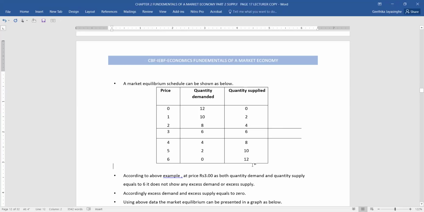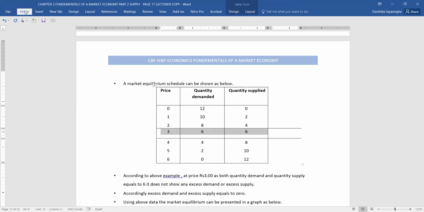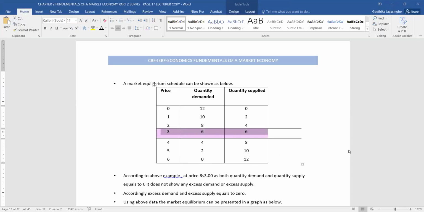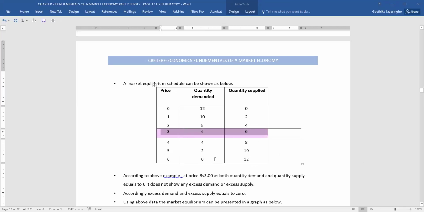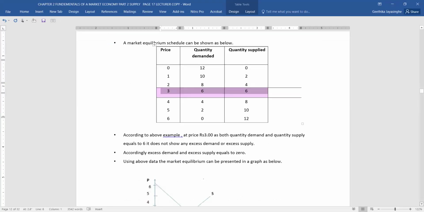So this graph's details are given to you. But at the price of 3, your quantity demanded and quantity supplied are both equal. So this is the equilibrium where both QD and QS are equal at the price of 3. We're gradually going to draw that.